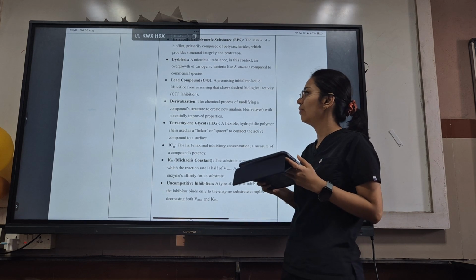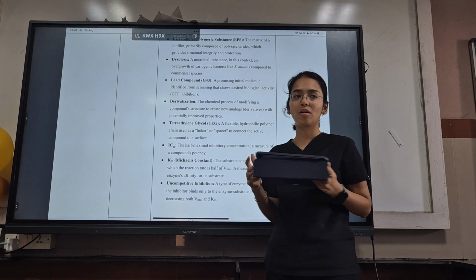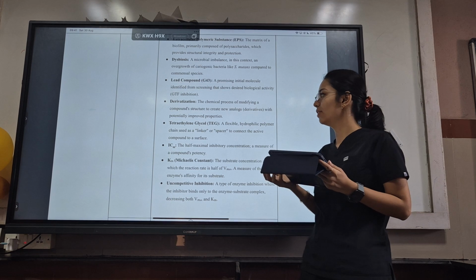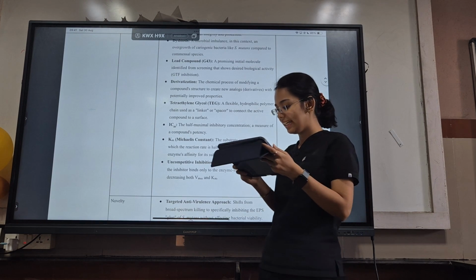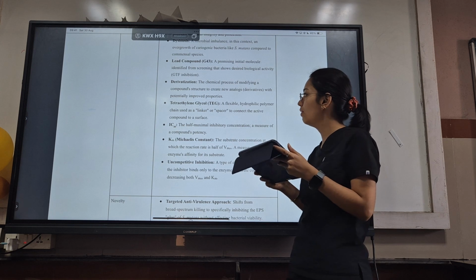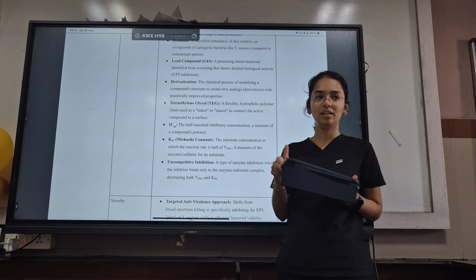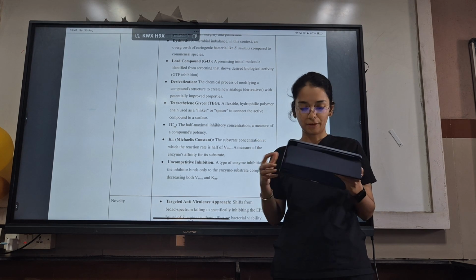And derivatization is a chemical process of modifying a compound's structure to create new analogs or derivatives with potentially improved properties. And TEG is tetraethylene glycol, which is a flexible hydrophilic polymer chain which is used as a linker or as a spacer to connect the active compound to the surface.